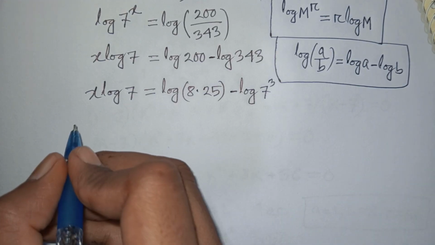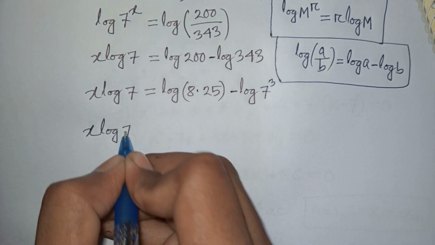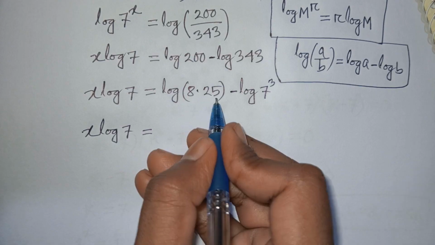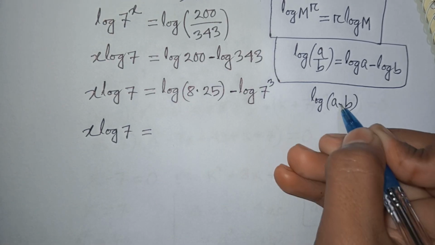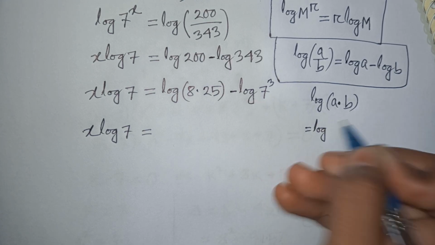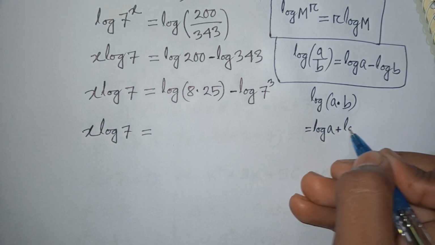So x log 7 is equal to log of 8 times 25. So I apply this formula, log of a times b is equal to log a plus log b.